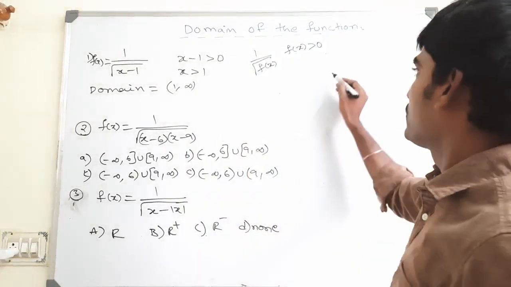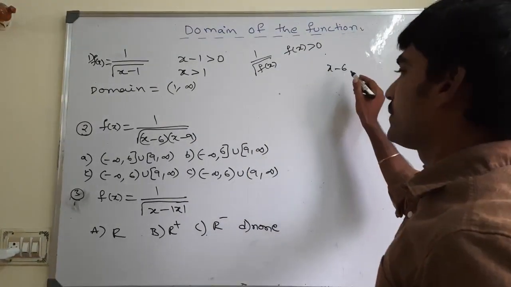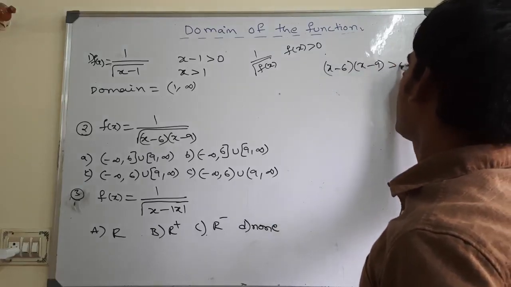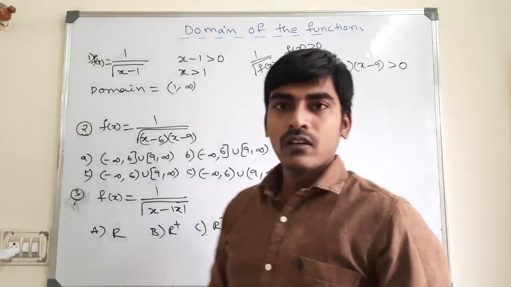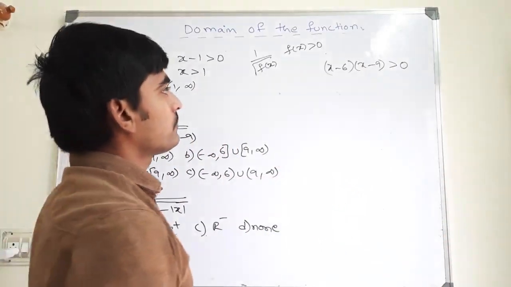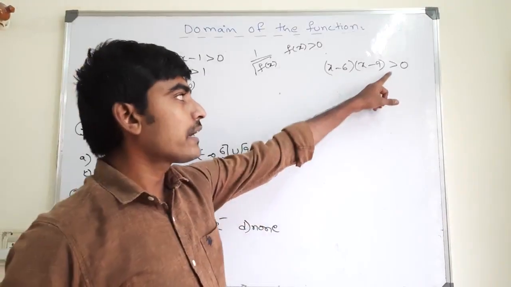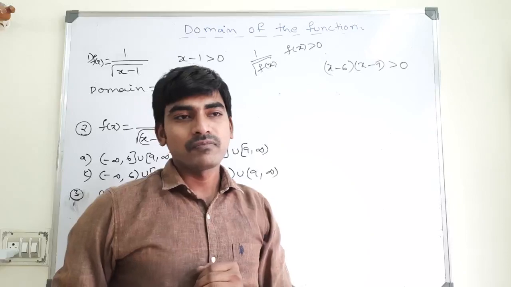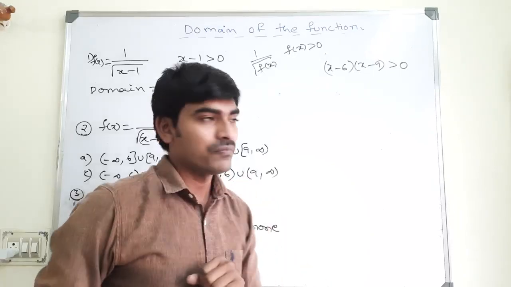Let me take this now. X minus 6 into x minus 9 is just greater than 0. So we'll solve it now. You can tell me, yeah, it is so easy. When I have the greater than symbol, I am going to get the 2 intervals. Suppose some people are so sharp.